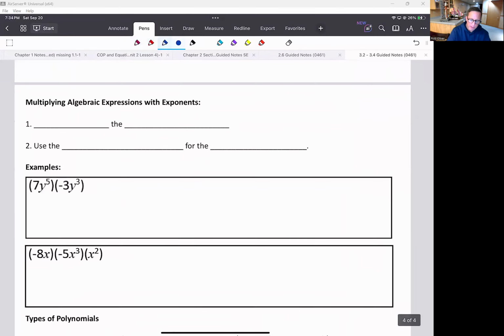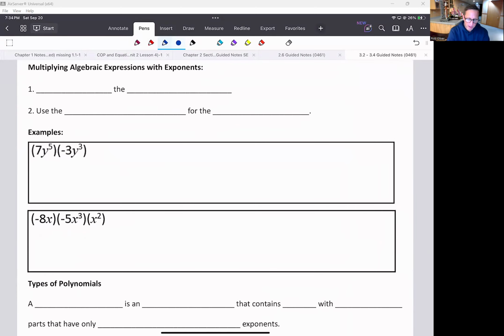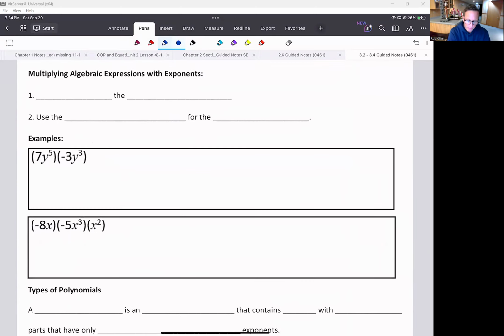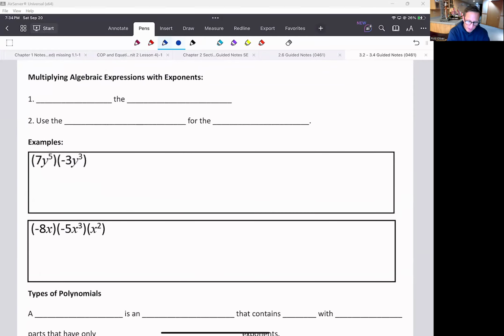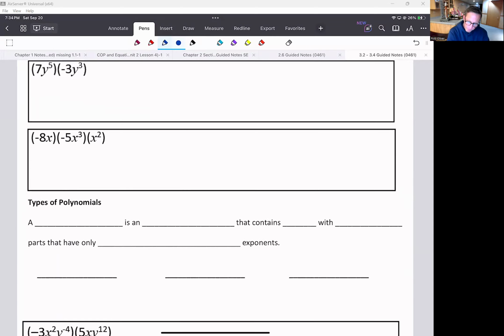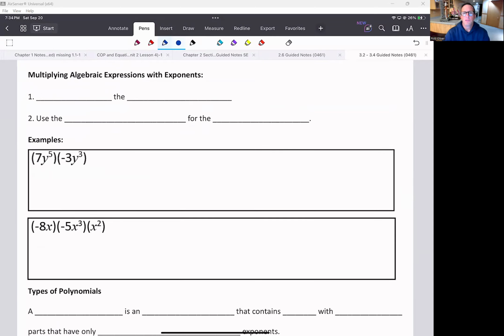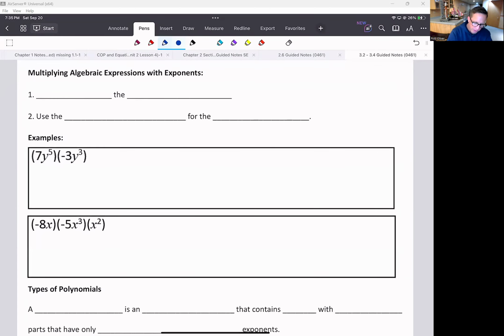All right, on the next page, turn the page. Multiplying algebraic expressions with exponents. For multiplying algebraic expressions with exponents, what we're going to do is multiply the coefficients.